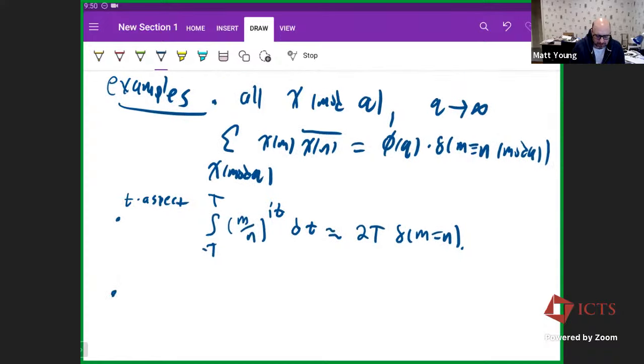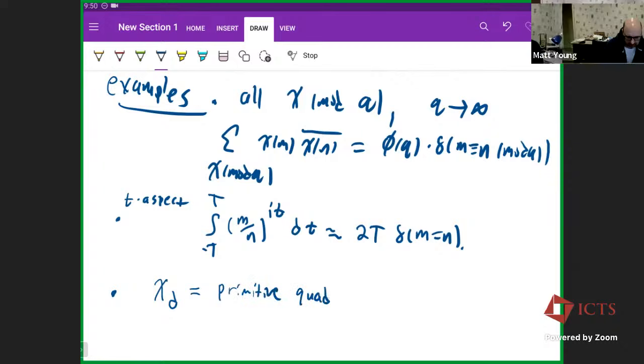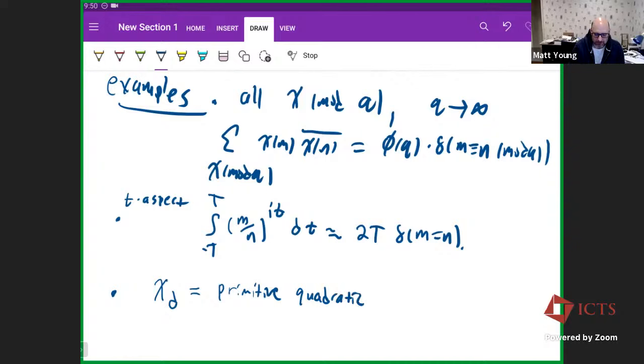Another family that we could look at: we've got chi sub d, let's say, which is a primitive quadratic Dirichlet character.